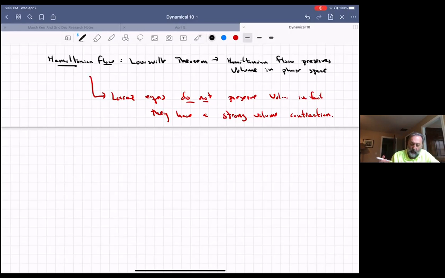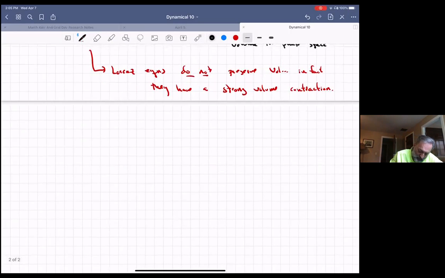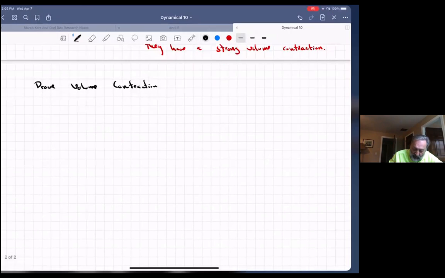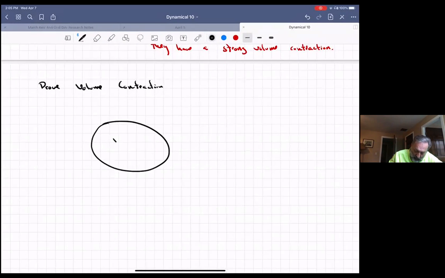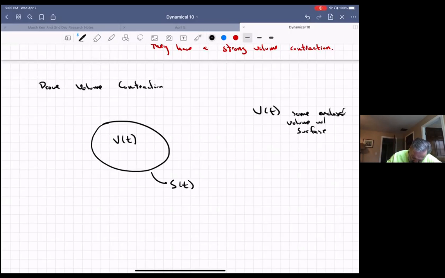So let's try to understand how you would prove a volume contraction. So let's suppose that you've got some volume at some time t, and there's some boundary to this volume. So V at t is some enclosed volume with some surface S of t.